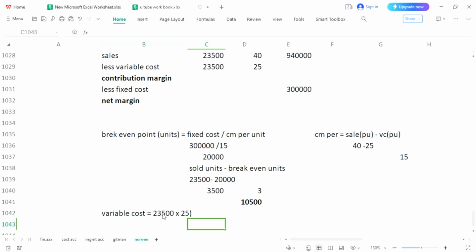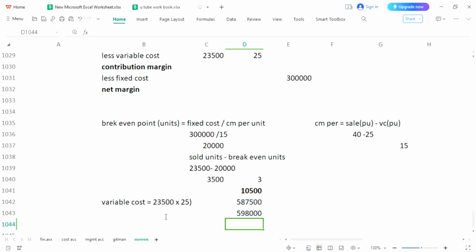So you calculate your variable cost by multiplying 23,500 with 25. This is your old variable cost, and now there is an addition of 10,500: 587,500 plus 10,500. So here you have got your new variable cost.